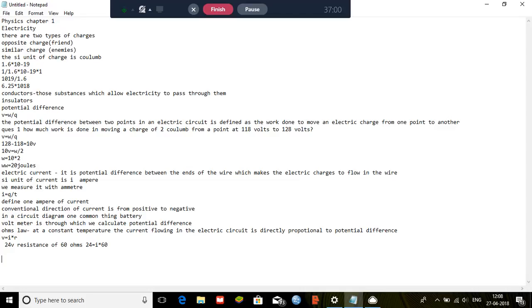We'll get I is equal to 24 divided by 60, which is 6 divided by 15. Then when you change it into decimal form, I is equal to 0.4 amperes. So it's a simple thing, right?